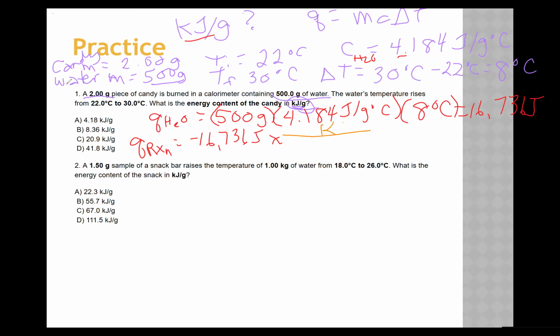I want kilojoules on top, my joules will go on the bottom: 1 kilojoule for every 1,000 joules. Joules cancel. And this gives me the heat of reaction is negative 16.736 kilojoules.